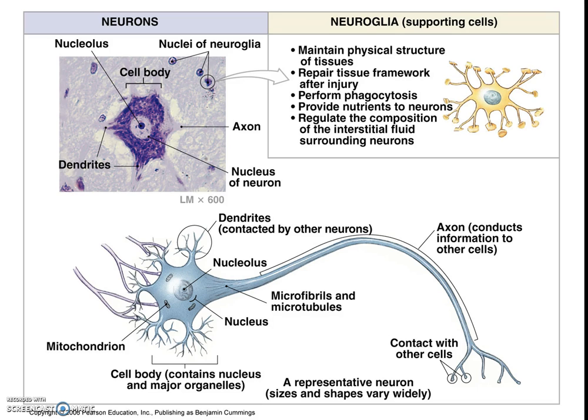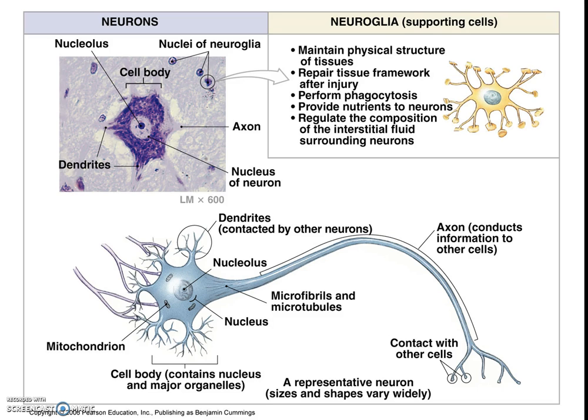So these are the very active portions of our nervous system. In this case, this is an example called a motor neuron, but there are different types of neurons, but they're very active, and they're receiving and sending information.